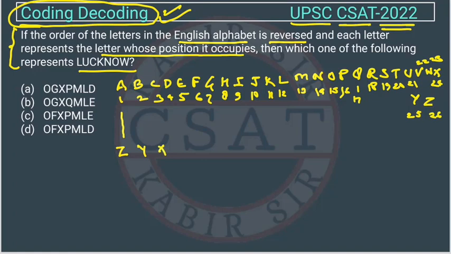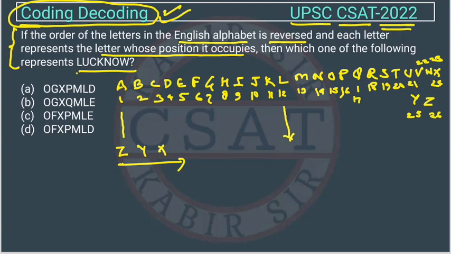The question gives the word Lucknow. L is at position 12. So what letter will come at the position of L when we reverse it? One way is to write all this in reverse order and then find out for all the letters, for L, U, C, K and Y. There is another method also.